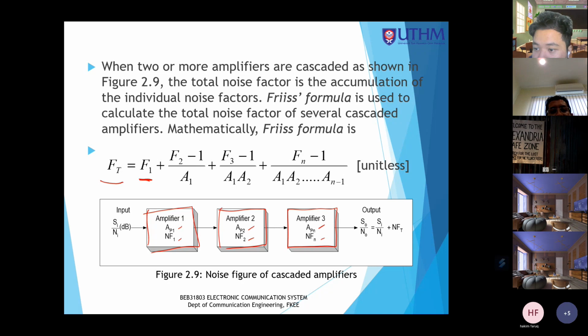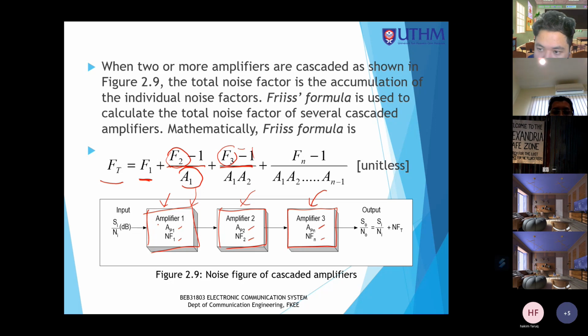F1 is the noise factor due to the first amplifier, plus F2 is the noise factor due to the second amplifier, minus 1 divide with the gain from the first amplifier, plus noise factor due to the third amplifier, minus 1, divide with the total gains from the previous amplifiers.